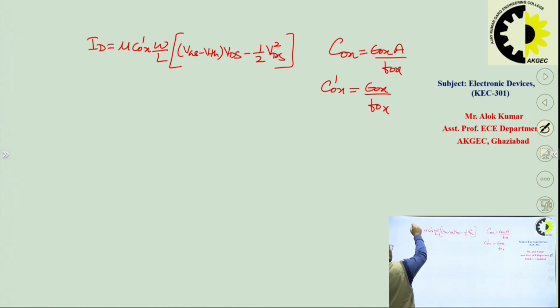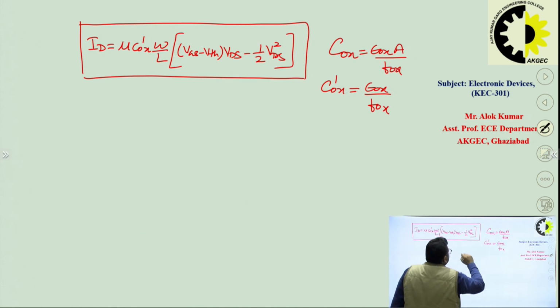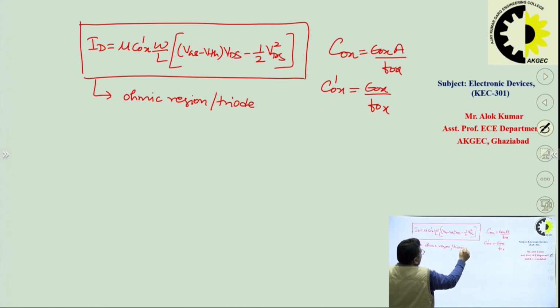So this will be the final equation of the drain current, and this equation is valid for the ohmic region, or we can say triode region, right.